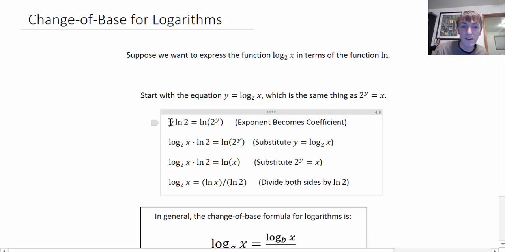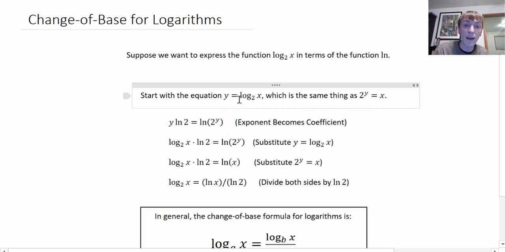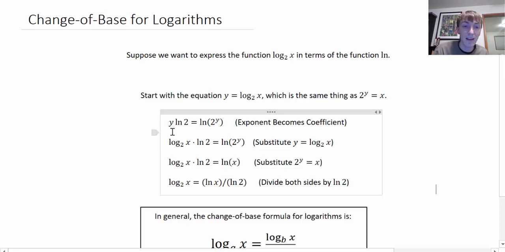Okay, so first I just want to see, why is this first step true? The next two steps are about substitutions. I started with y equals log base 2 of x, so I'm going to substitute that in for the y that I see over here. That's the only thing that's happened to the equation.